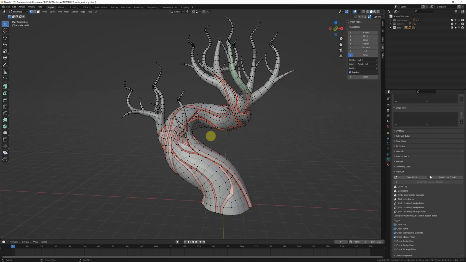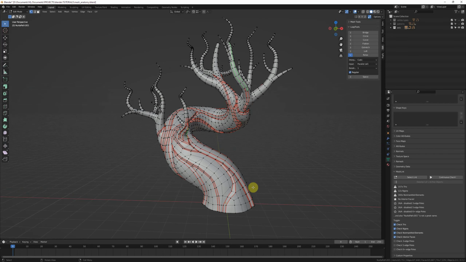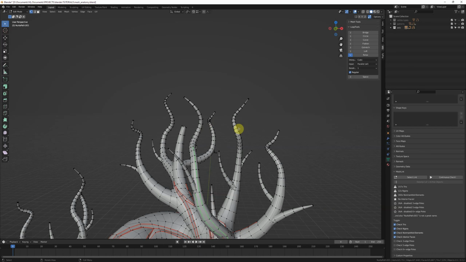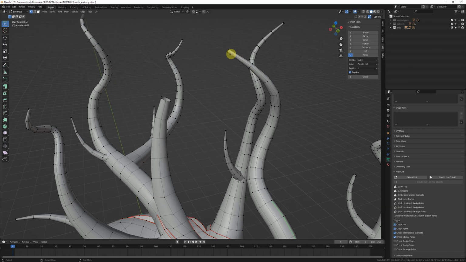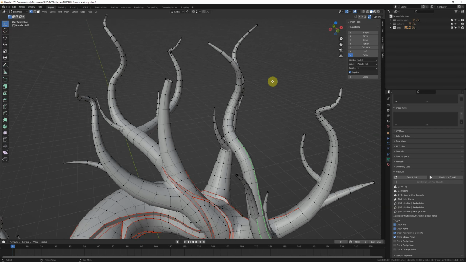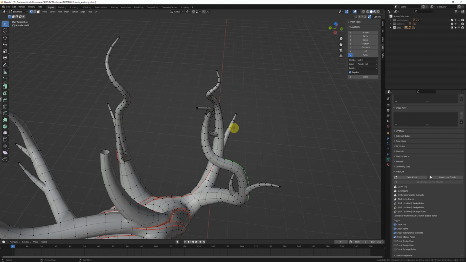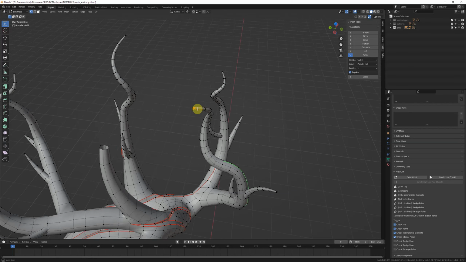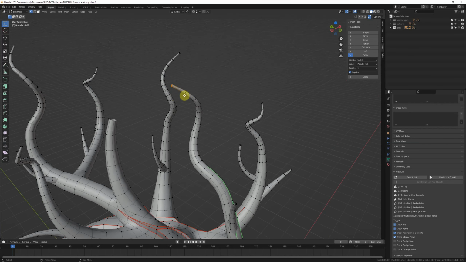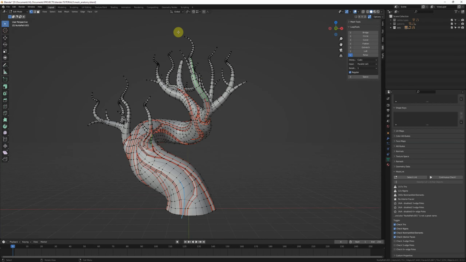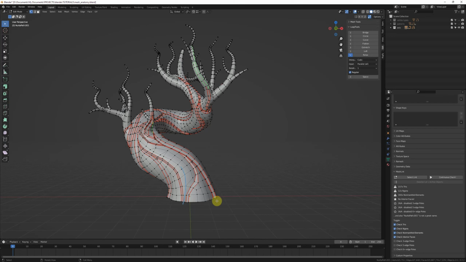The worst case scenario is, say I add an extra edge down here and I get rid of this point and I get all the way up here, and then you get to the top of your model and you think you could just add an extra edge up here to quad it off, and it works for that one tri. But the problem is now you have an open edge with an odd number, which means you have to add or remove that odd number in order to make it even, which means you would need to add or remove the entire length of the tree to get all the way back down to the bottom to make the bottom even again.